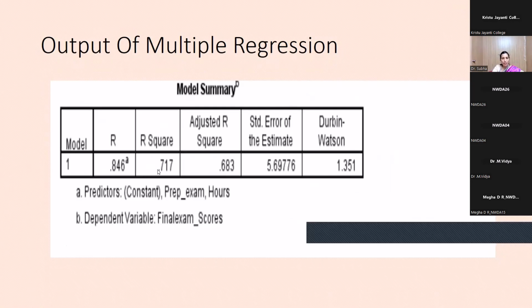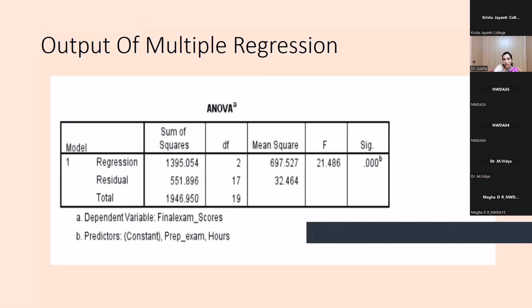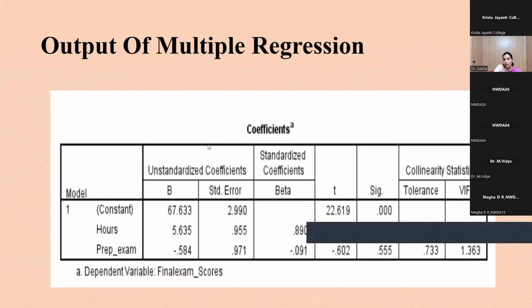R square is 0.71, so 71% of the variance in the dependent variable is explained by the independent variables. The ANOVA table and the multiple regression coefficient table are reported here.